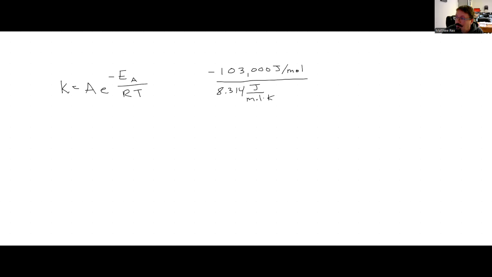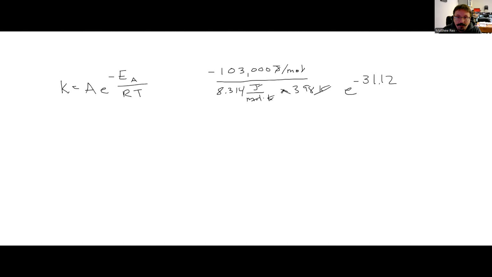And then we're going to multiply that by the temperature. Our temperature now was 398 K. So actually, we should cancel all the units within here. That should give us e raised to the negative 31.12.